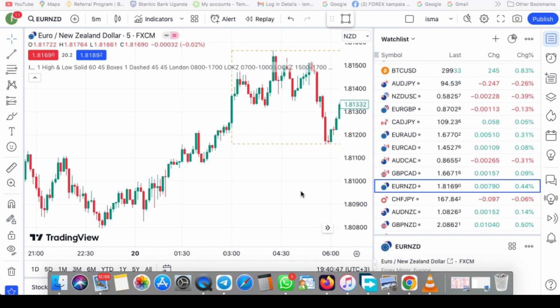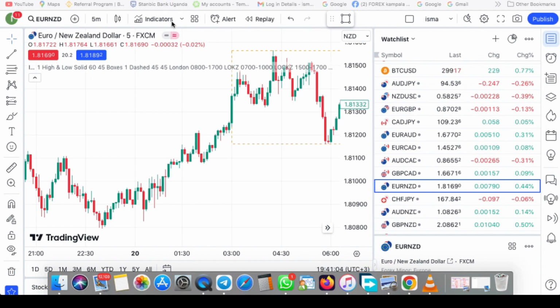Now the other thing that we shall do is put the indicator, and I've told you the indicator is called the ICT 2022 mentorship model, FTFO. This is the indicator that you need to put.